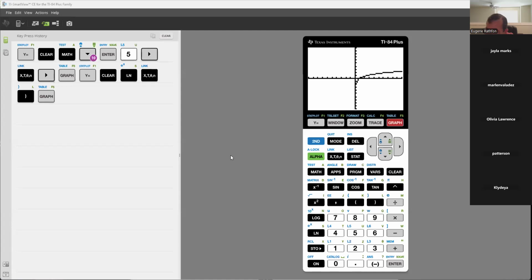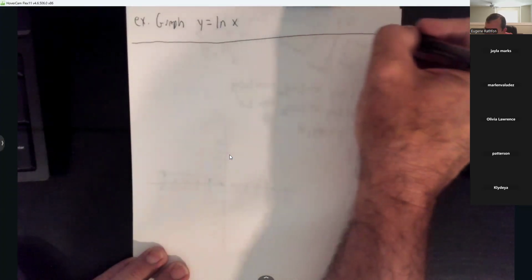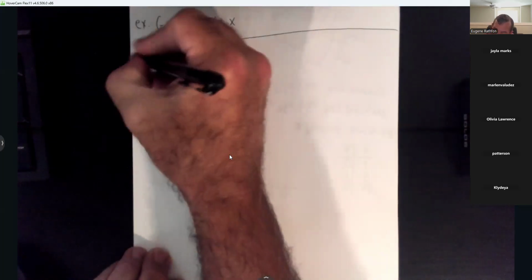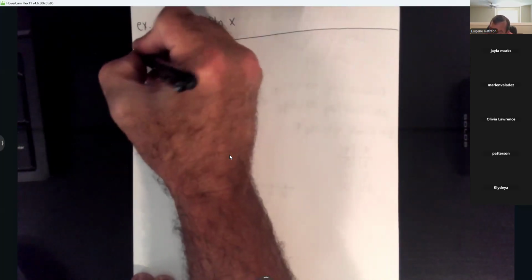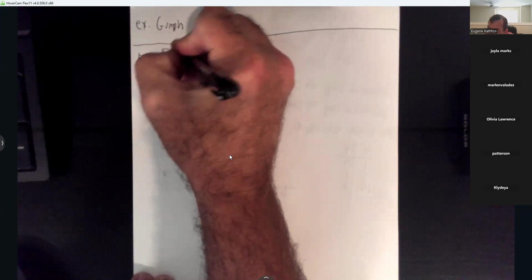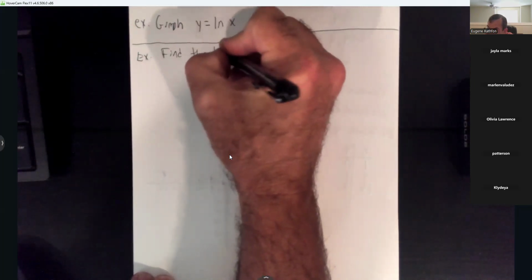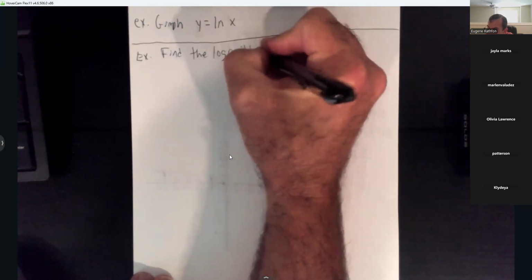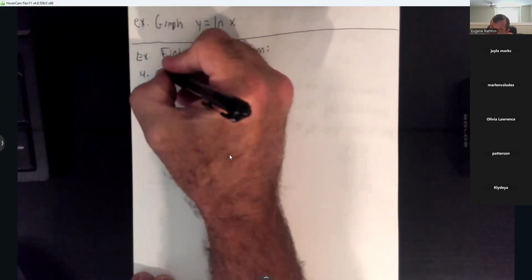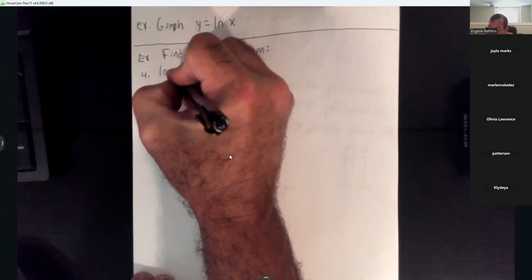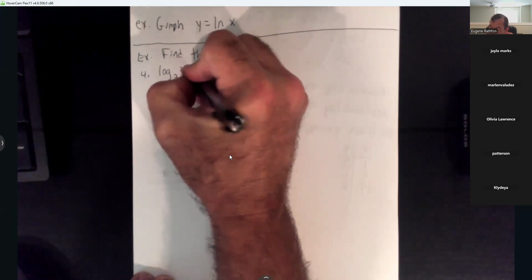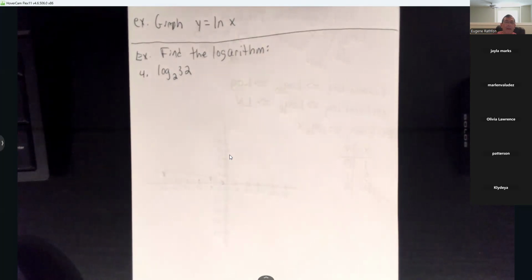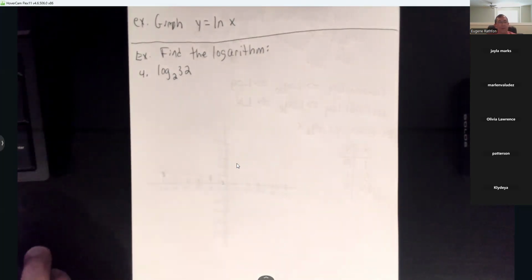So y'all, they're going to play with you a little bit on graphing. But y'all, then they get into examples like this. Find the logarithm. So number 4, I got a log base 2 of 32. Now, you can do that by hand, multiply 2 times itself until you find how many times you did that to equal 32.